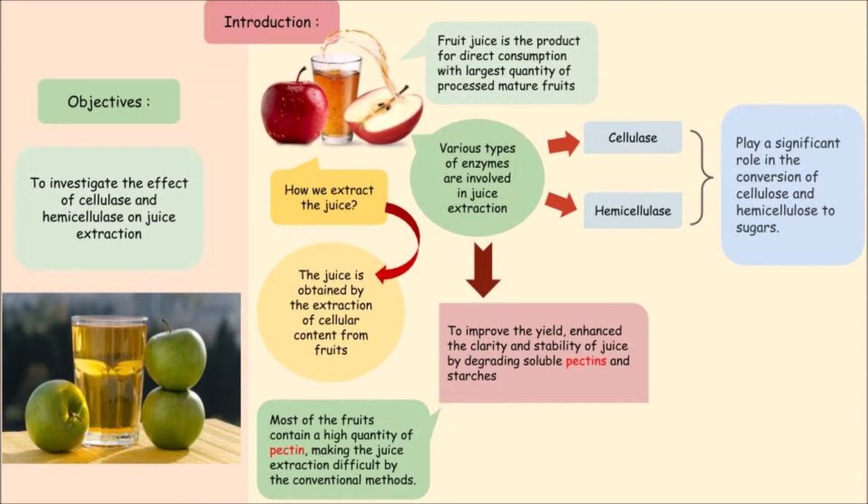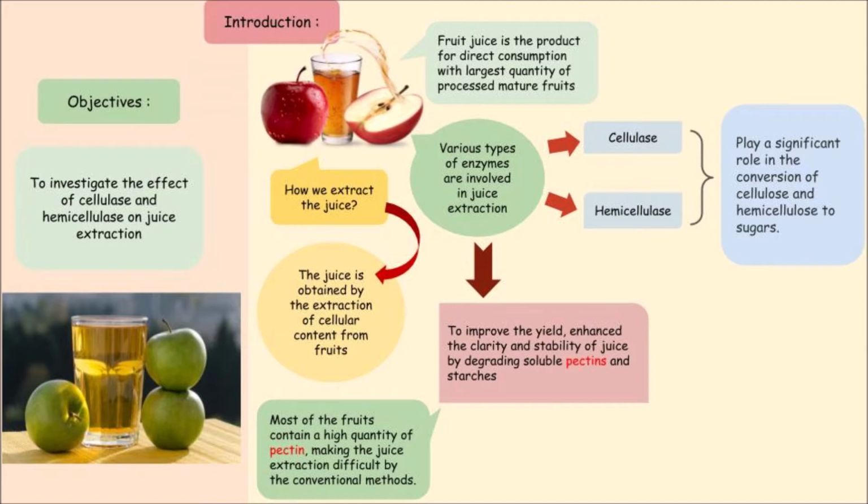Various types of enzymes are involved in juice extraction. The purpose of the enzyme is to improve the yield and enhance the clarity and stability of the juice by degrading soluble pectins and starches that would otherwise cause haze.